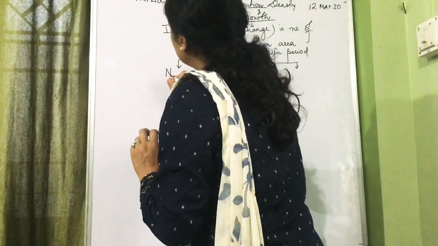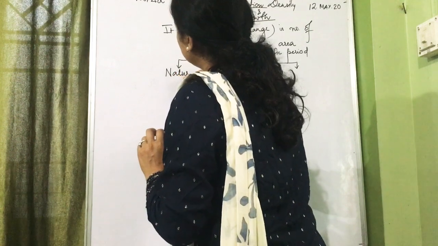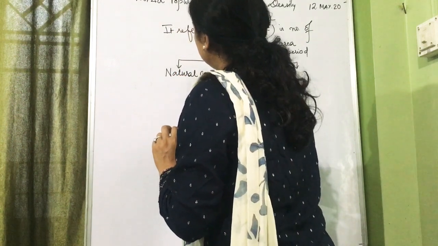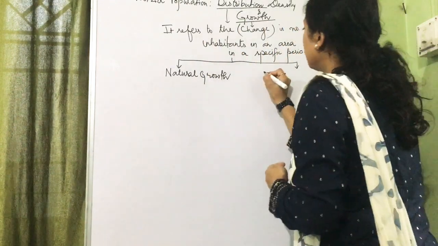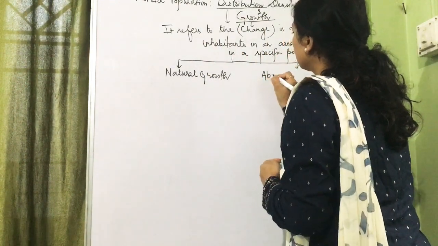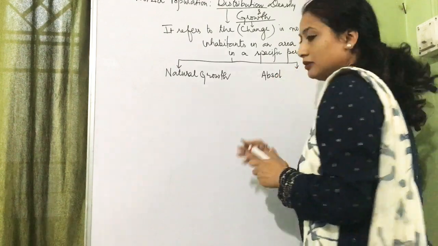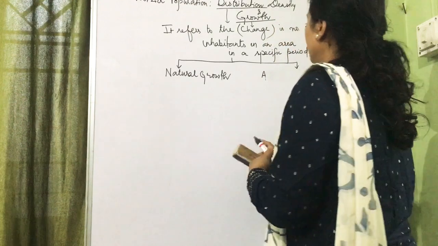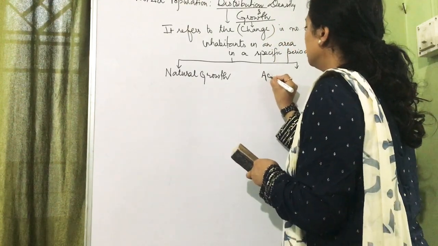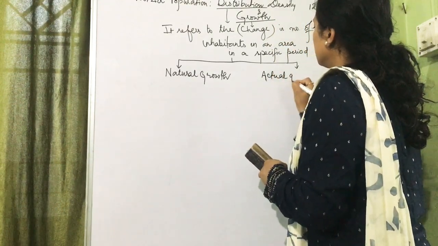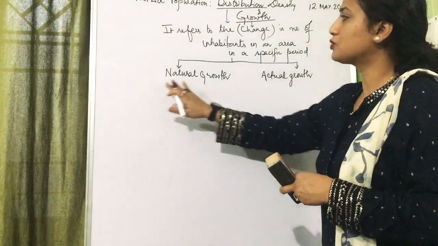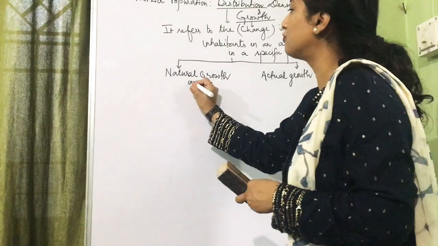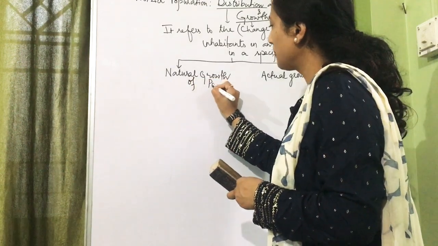We can measure the natural growth of population, as well as we can measure the absolute or the actual growth. So now the question comes, what do you mean by the natural growth of population?